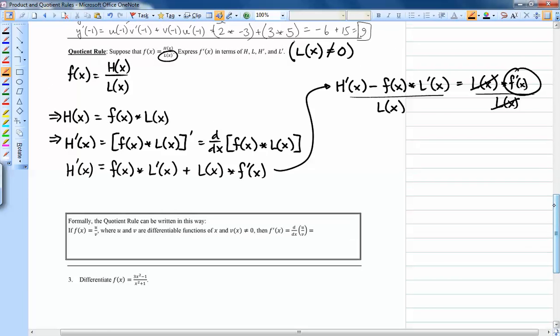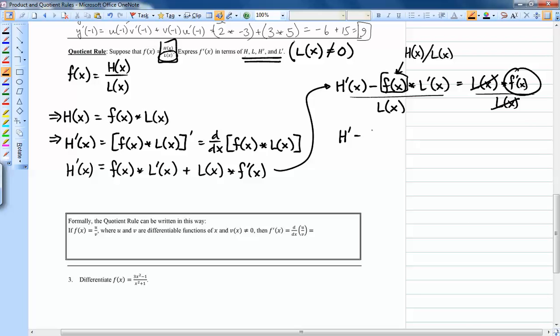But if you look at the problem, it says in terms of these things, which doesn't include little f. But we know little f is h over L, so this guy right here is really h of x over L of x. So let me rewrite this now. I'm going to leave out all the parentheses and x's.